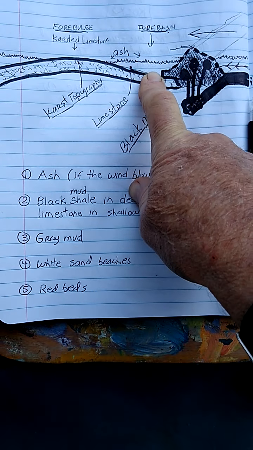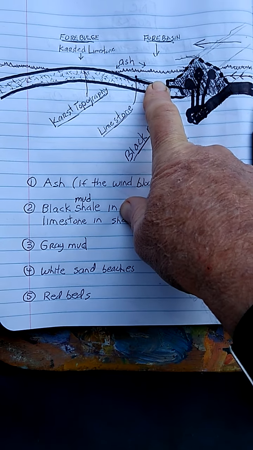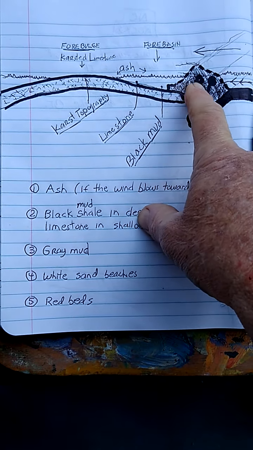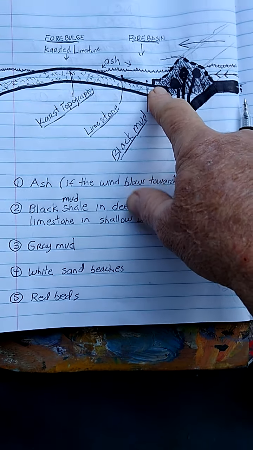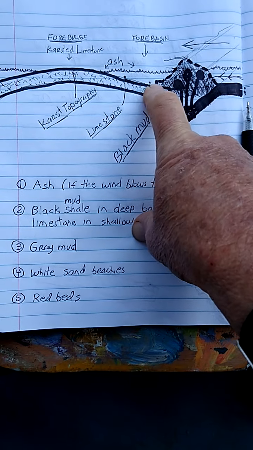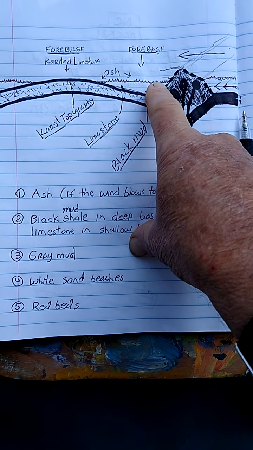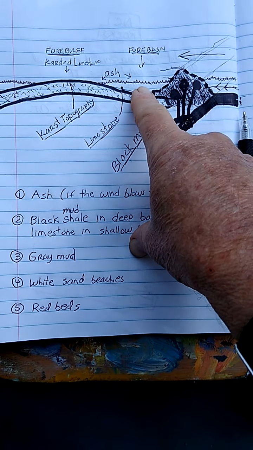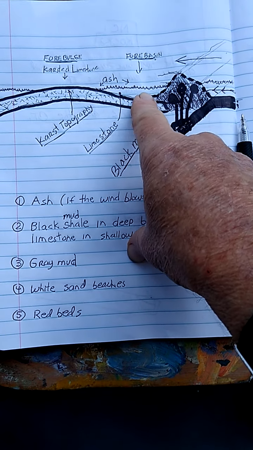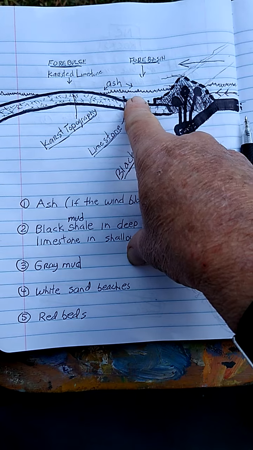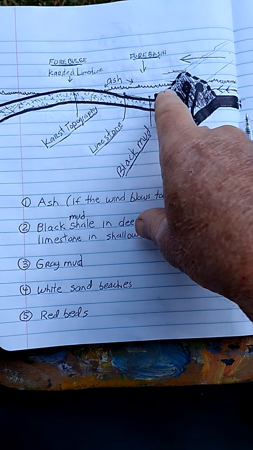Okay, what happens next? The next thing is that this huge mountain chain that has crashed into the continents begins to erode big time. And the first thing that comes down is shale. Again, the shale is gray mud, regular gray mud. And so you get a layer of mud filling the basin up.